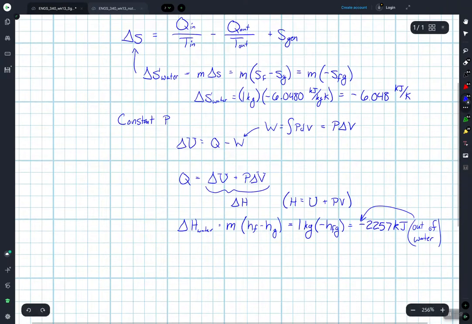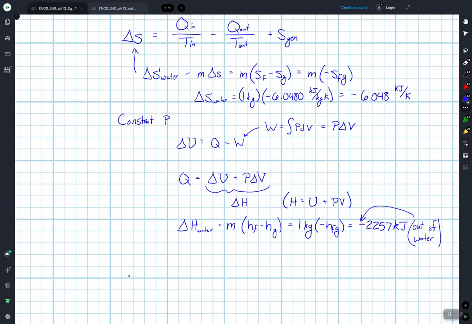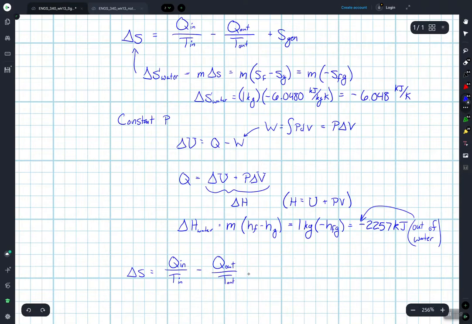Okay, so let's start plugging things in. So we have delta S equals Q in over T in minus Q out over T out plus S gen. There's our equation.